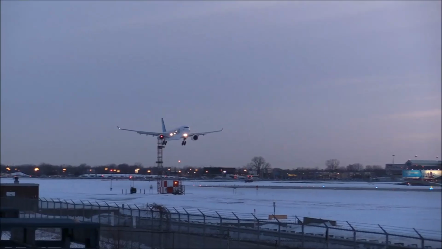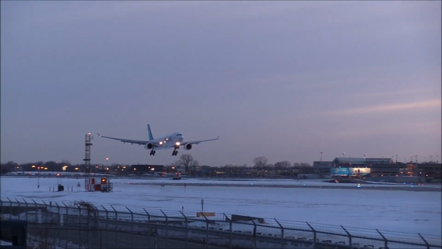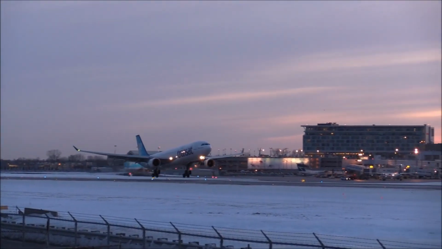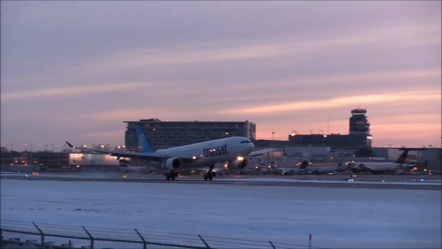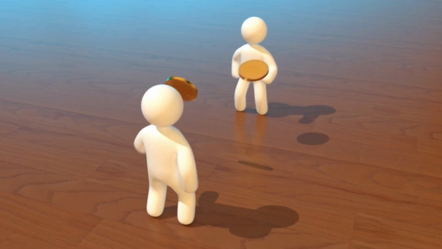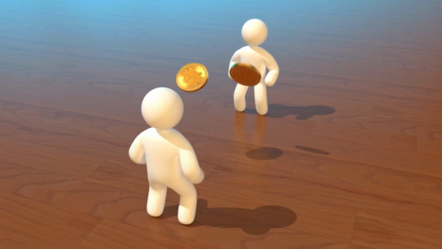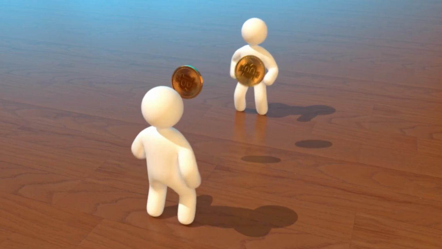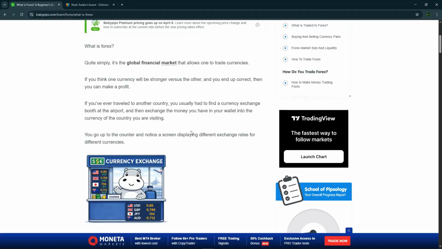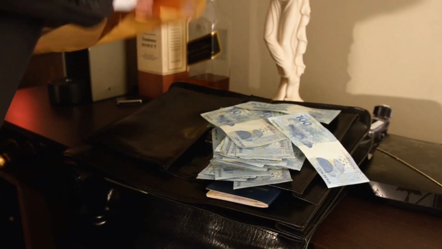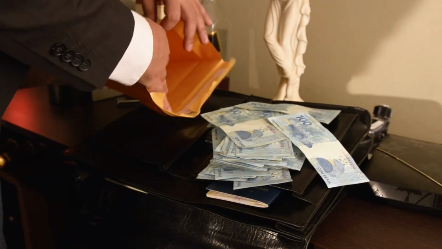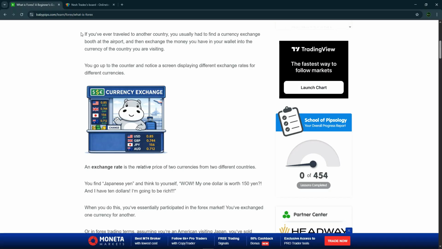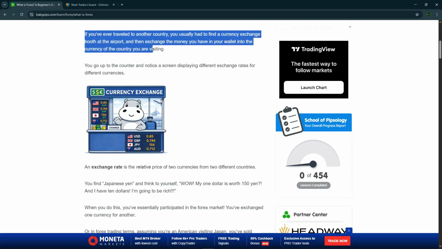If you've ever traveled to another country, maybe you have engaged in foreign exchange, where you go to the airport and find an exchange booth, or you can call it a kiosk, where you buy the money of the foreign country you're visiting with the money of your own country. So basically you will have engaged in foreign exchange, and that is all this statement means.